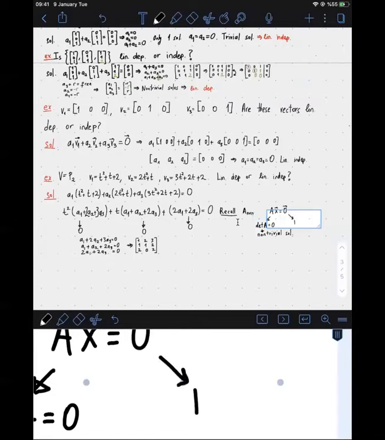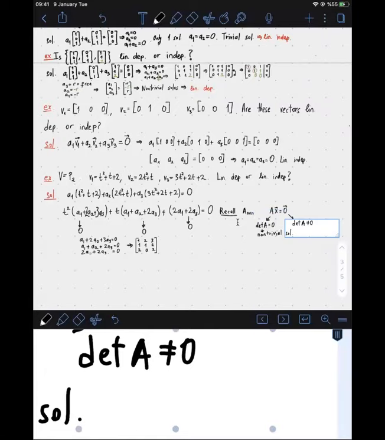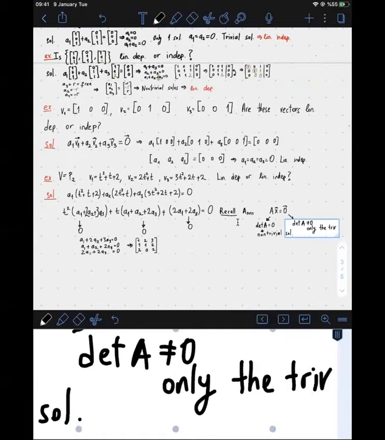And if determinant is non-zero, then the matrix has an inverse, and the only solution can be found by taking the product with the inverse matrix from both sides. In this case, we have only the trivial solution. Okay, so there are two cases.